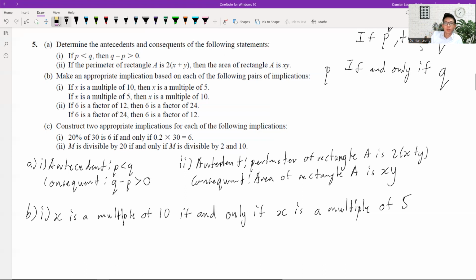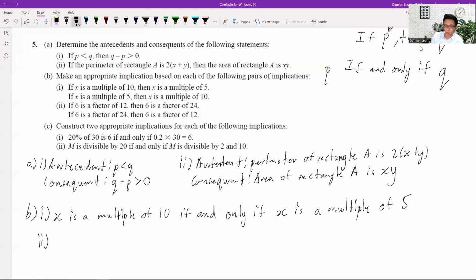Then we look at the next one, B2. If 6 is a factor of 12, then 6 is a factor of 24. If 6 is a factor of 24, then 6 is a factor of 12.